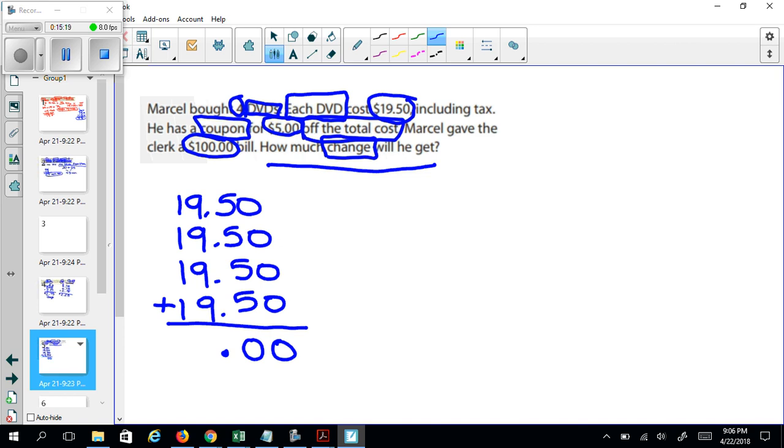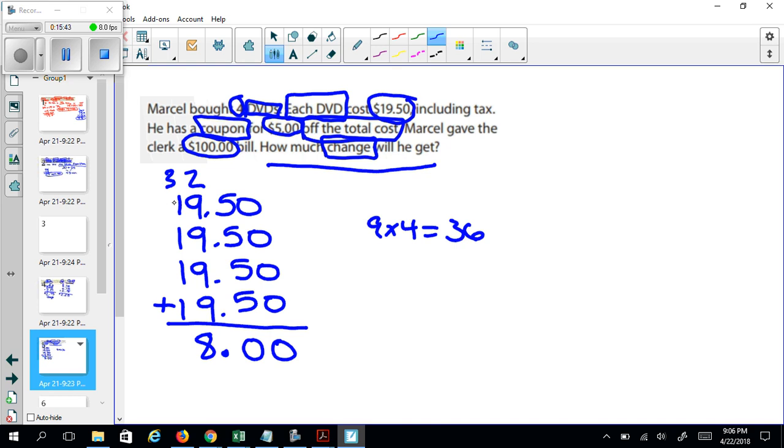The decimal point goes in line, and then we have the 2 being carried into the dollars place, the whole dollar. Now we have 9 4 times. So 9 times 4 equals 36. And we're adding 2, so that's 38. So the 8 goes down here, the 3 goes into the $10 place.